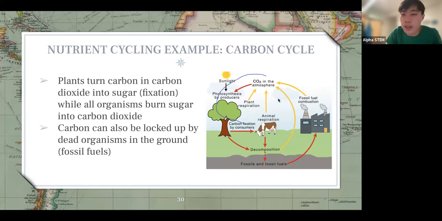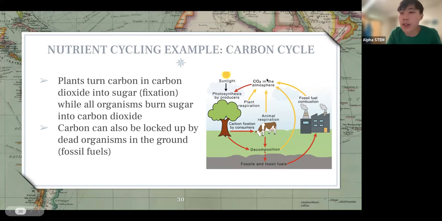You can see these two processes here. But if a plant or an animal gets buried, they can turn into fossil fuels, and the fossil fuels will be locked up deep in the earth until humans dig them up and burn them for combustion, which will release them back into the atmosphere. You can see the carbon just moves around and never gets created or destroyed.